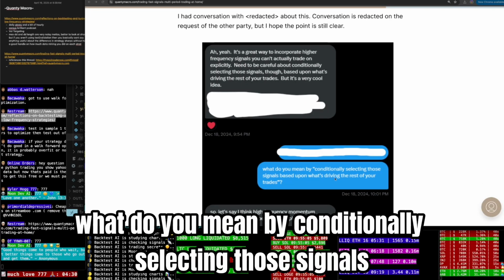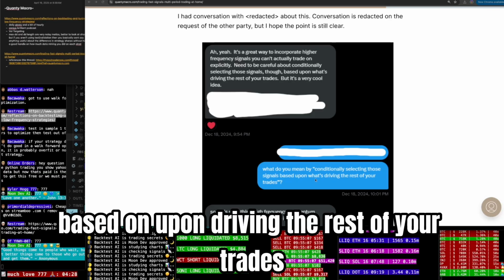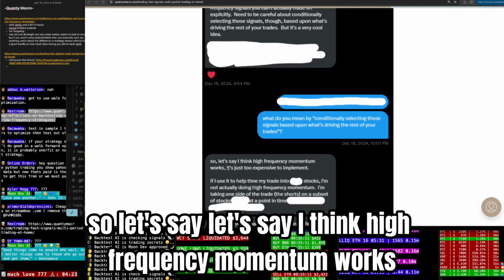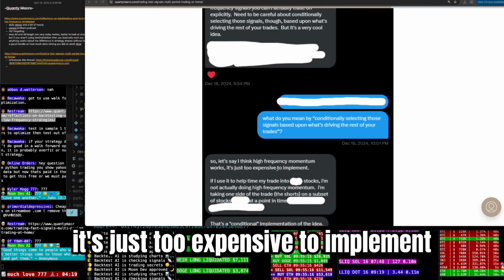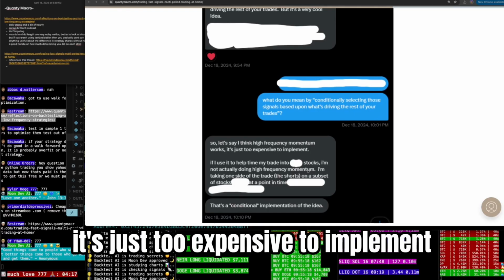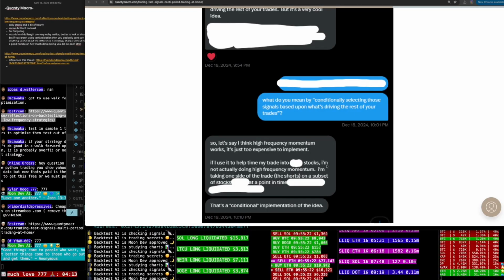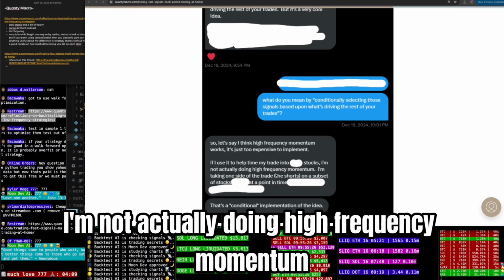What do you mean by conditionally selecting those signals based upon what's driving the rest of your trades? So let's say I think high frequency momentum works. It's just too expensive to implement. If I use it to help time my trade into stocks, I'm not actually doing high frequency momentum.